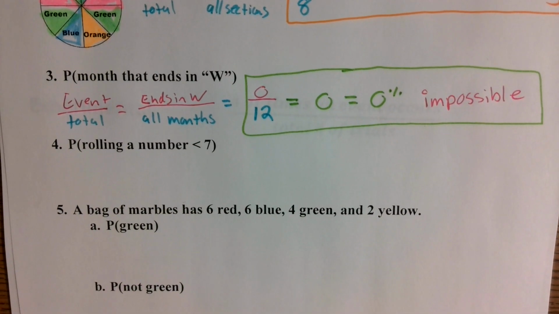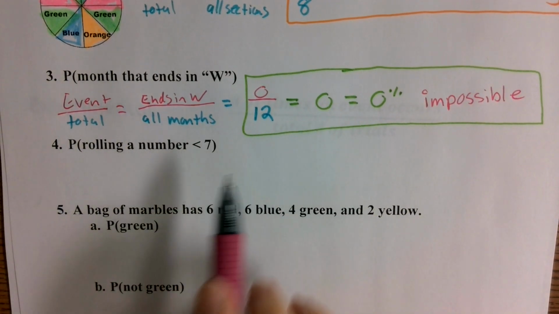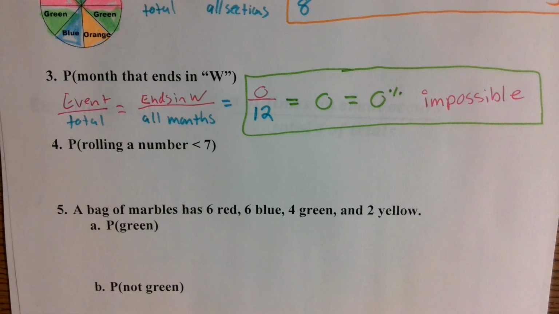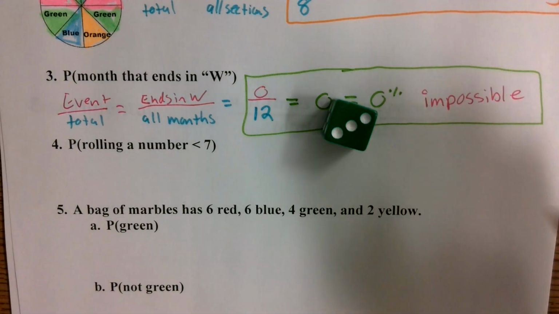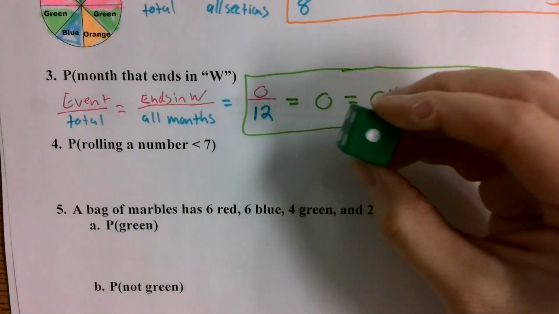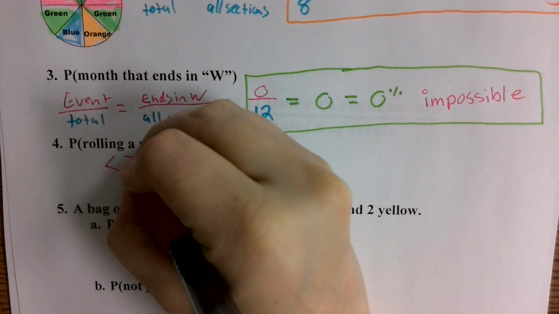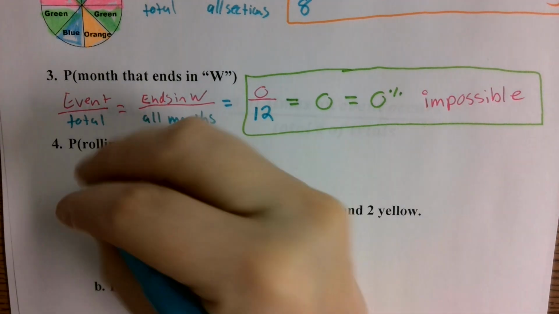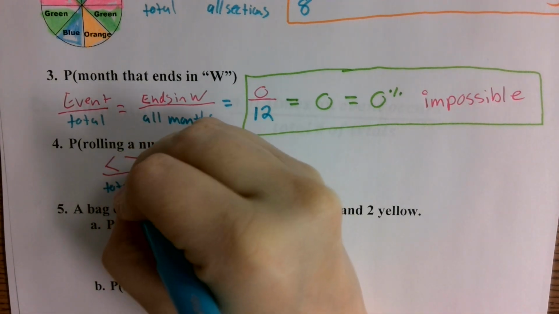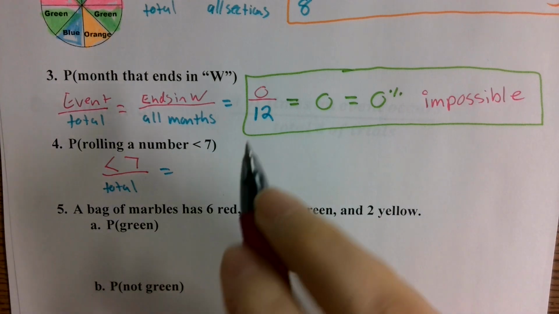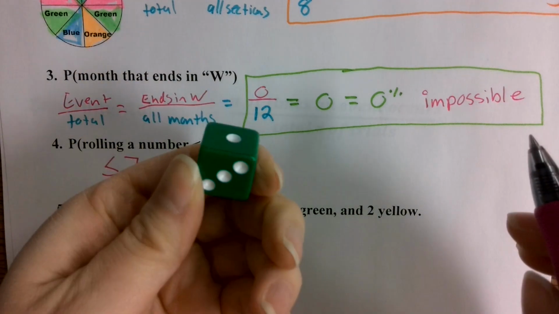All right, number 4. We're going to roll a number that is less than 7 on a number cube. So here's a number cube. So the event I want is less than 7 out of the total. How many numbers are less than 7 on a number cube?